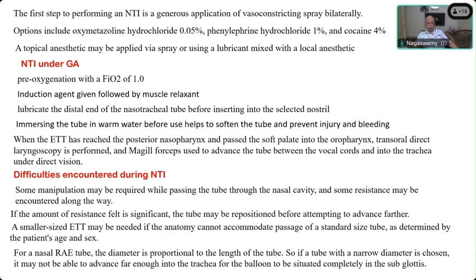So you have to be quite careful when you choose a smaller size, and make sure that the cuff is pushed well beyond the vocal cords, so that when you move the head, the tube does not come out. Normally, when you extend the neck and head for surgery, the tube usually slips out of the trachea. So you have to be very watchful in this.